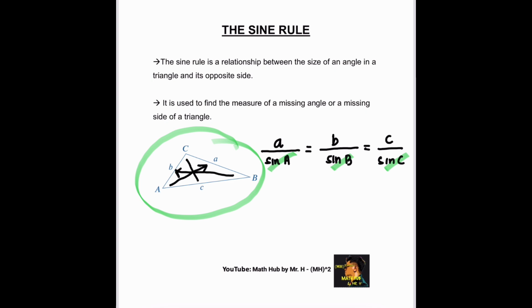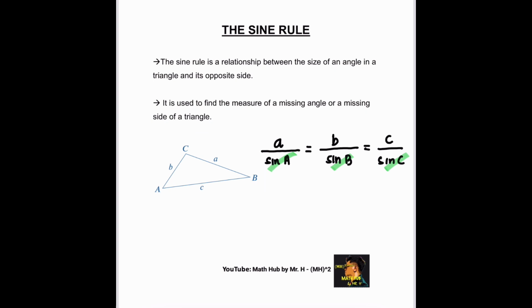The same goes for c. Like I mentioned earlier, this formula works in any triangle, not just the right triangle. If you ever need to find a missing angle or side, this is going to be your go-to formula.